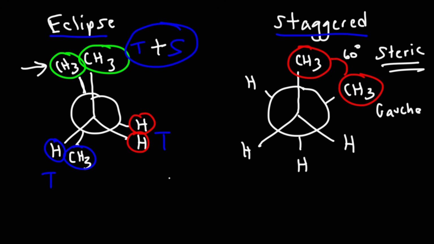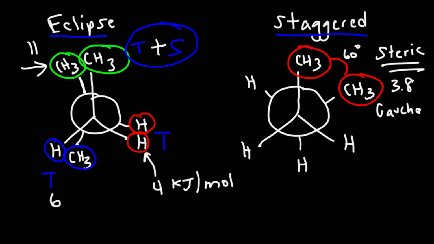Now the energy values, the relative potential energy for 2 hydrogen atoms eclipsing each other is 4 kilojoules per mole. For hydrogen and methyl, it's 6. For 2 methyl groups, it's 11. Now for the steric interaction between 2 methyl groups, the energy for that is 3.8.